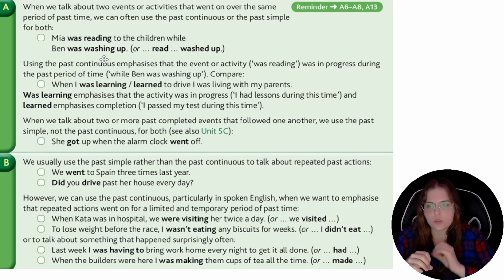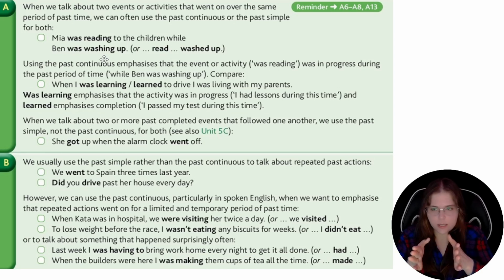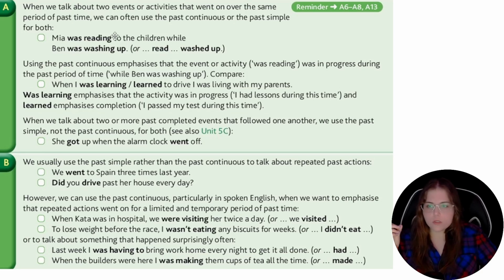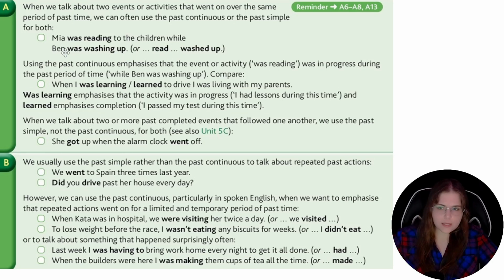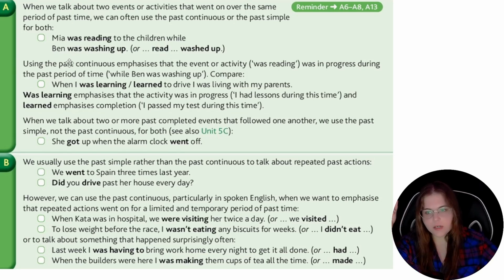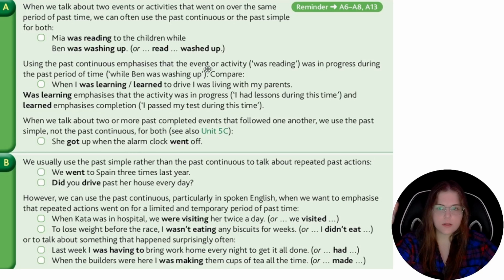They were doing this simultaneously. Or we can also use read and washed up, like past simple. Mia read to the children while Ben washed up. Okay. Using the past continuous emphasizes that the event or activity was in progress during the past period of time. While Ben was washing up.